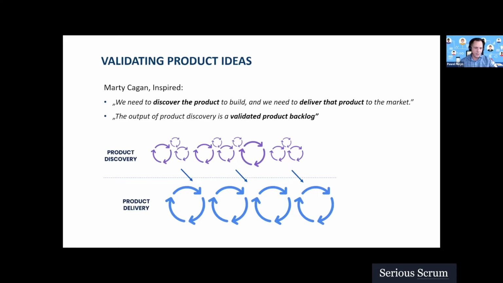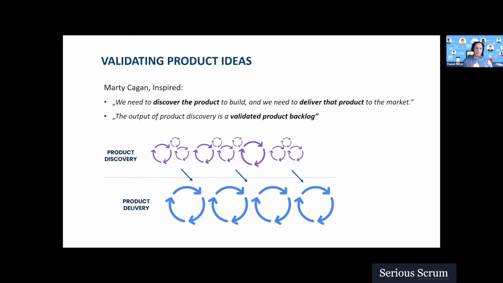Some time ago, I presented another variant of this picture, but maybe let's focus on this one right now. So as Marty Cagan said, there are 2 things that we need to do. We need to discover the product that needs to be built, and we need to deliver this product to the market. So as it might suggest, there are 2 streams that run in parallel.